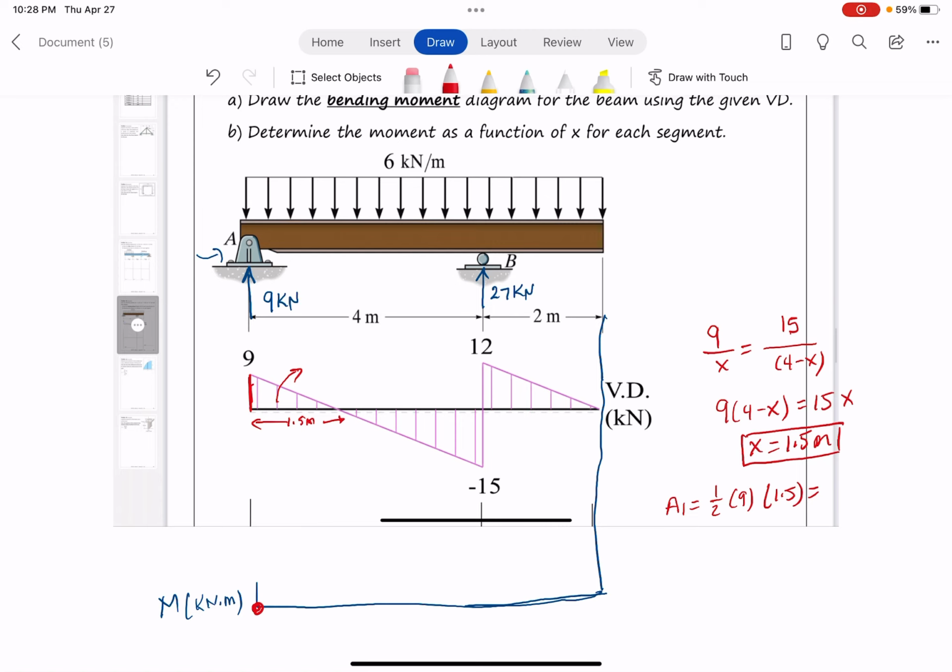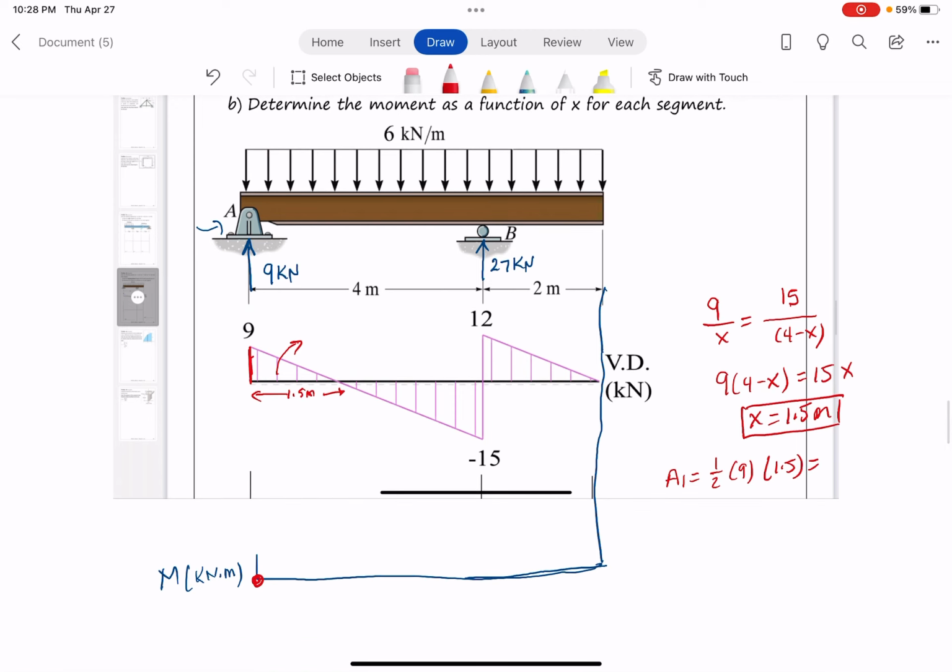We did this. That's going to give you 6.75. That's the area here, area 1. So at this 0 shear, you'll have a strong moment. And since the shear is linear, the moment will be concave down.